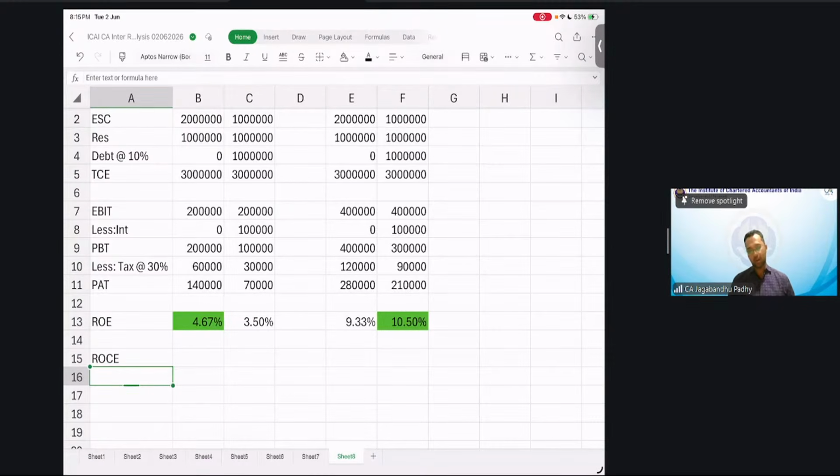That will help us understand better why is it so. How do we calculate return on capital employed, by the way? We calculate it as EBIT upon total capital employed.